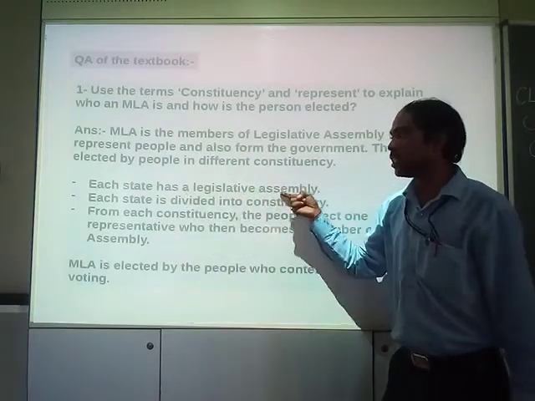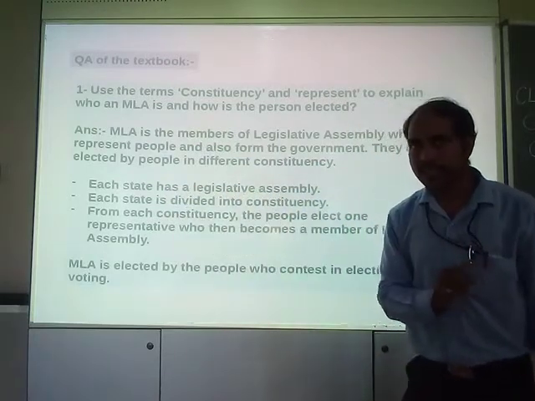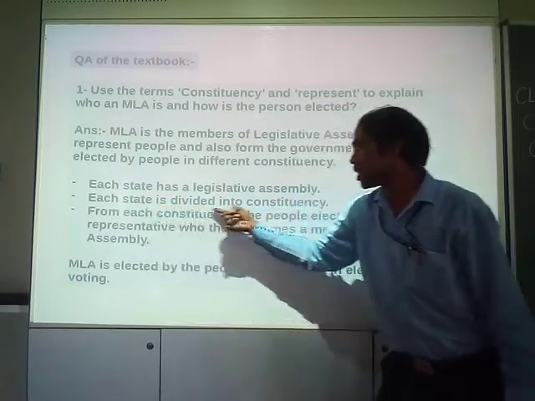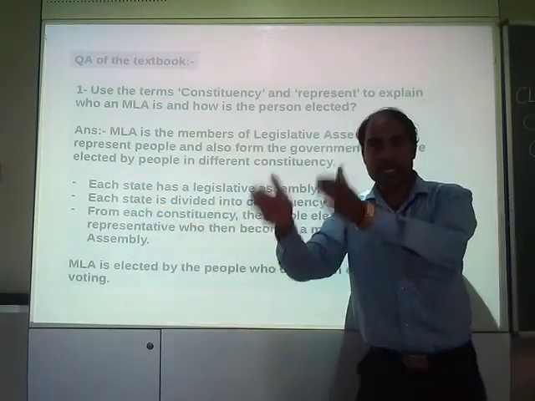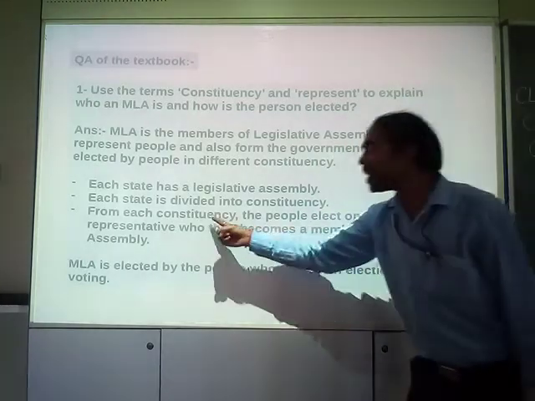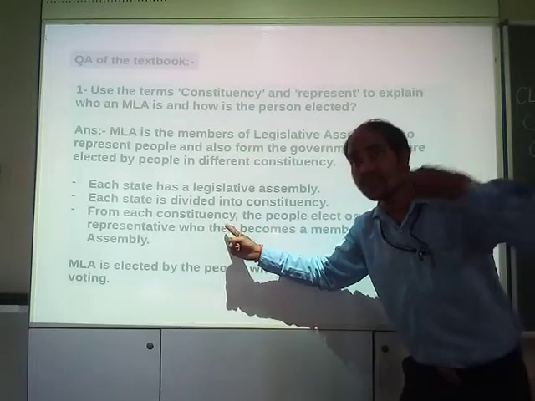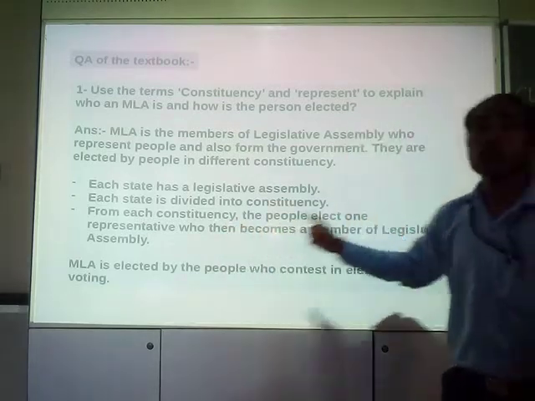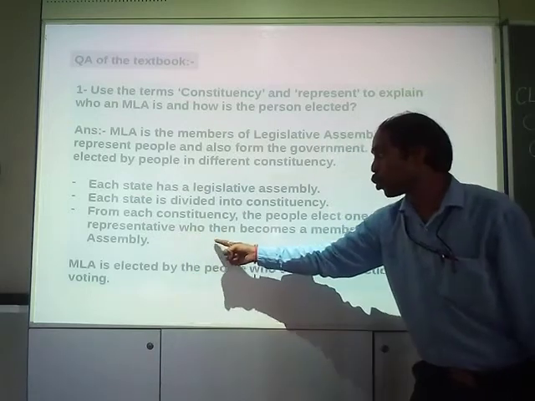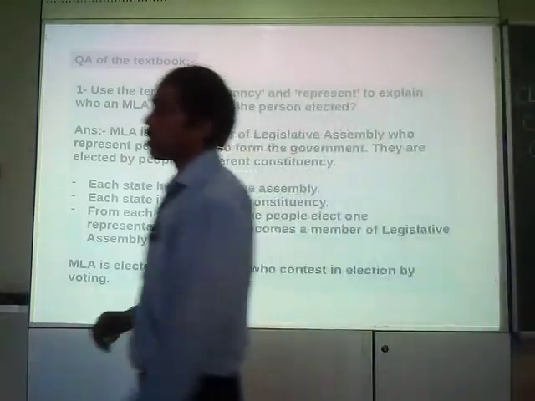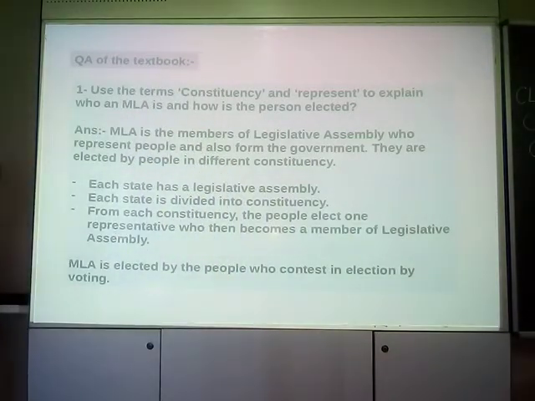Yes. Now how the person is elected, how this person MLA is elected. Each state has legislative assembly, right? Every state has legislative assembly, and each state is divided into constituency, into different regions, right? So from each constituency, from every region, from every area, the people elect one representative who then becomes a member of legislative assembly. Clear? Yes.